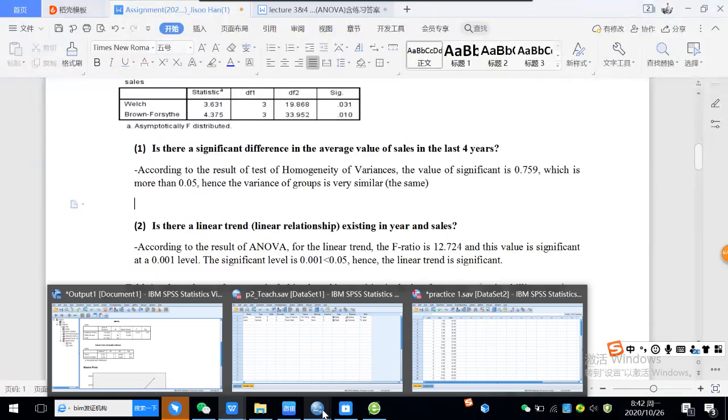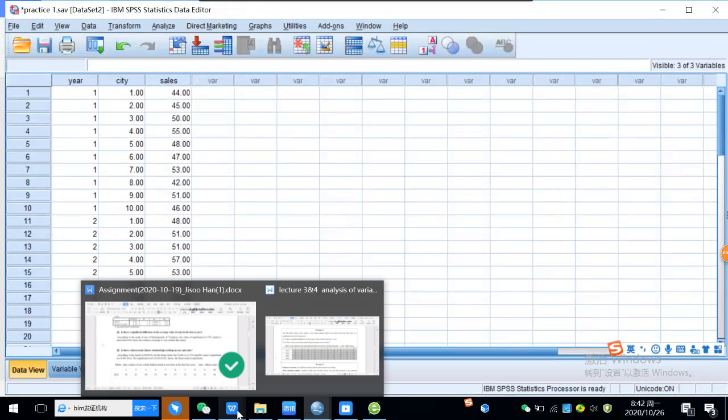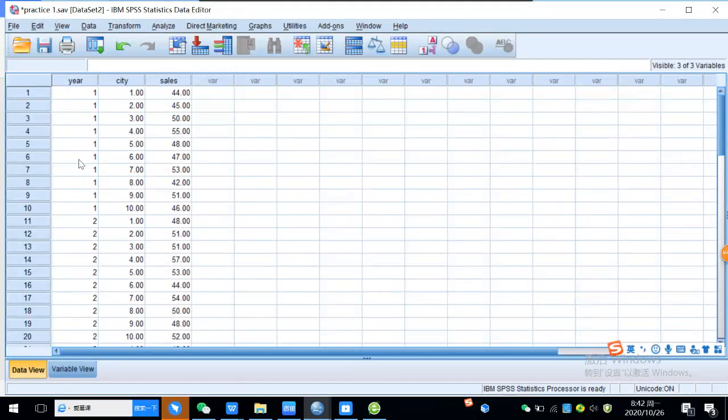Okay. Let's look at the question here. If the sales volume and the year have a linear relationship, then firstly, the factor year should have a significant impact on sales.